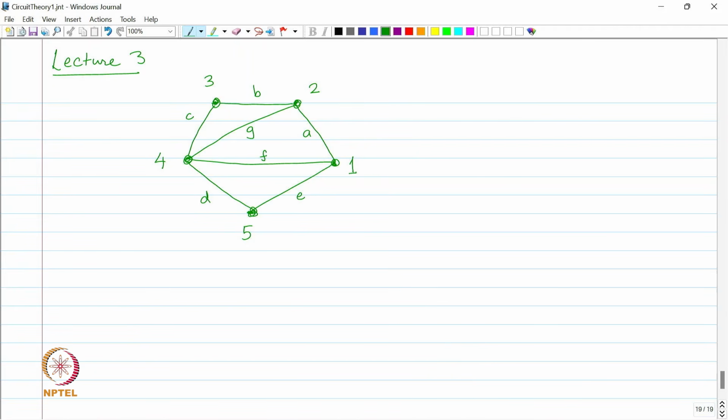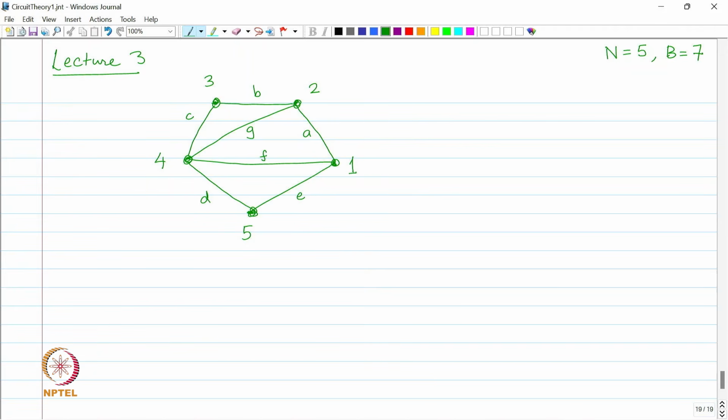How many nodes, how many branches? N is equal to 5 and B is equal to 7. So, just keep that in the background, N is 5, B is 7.